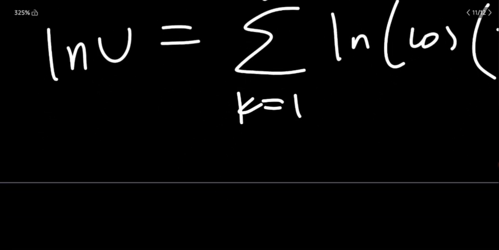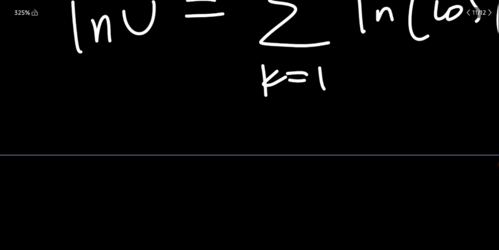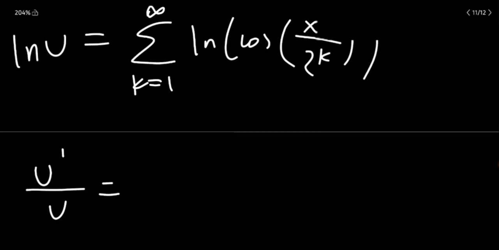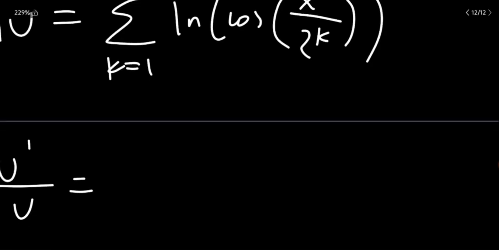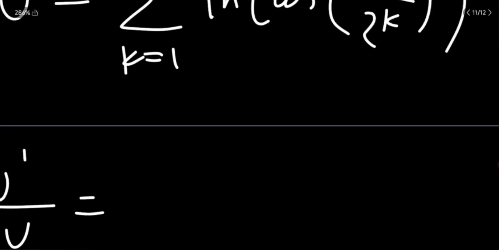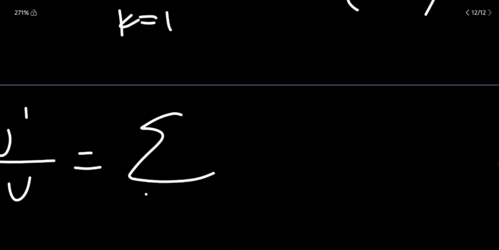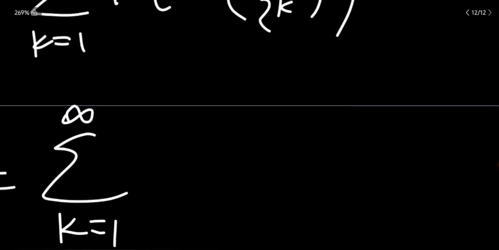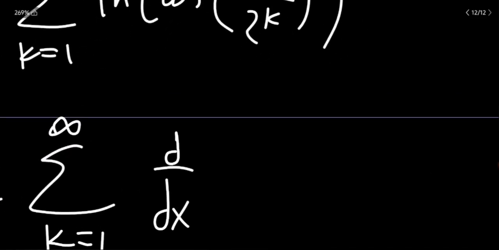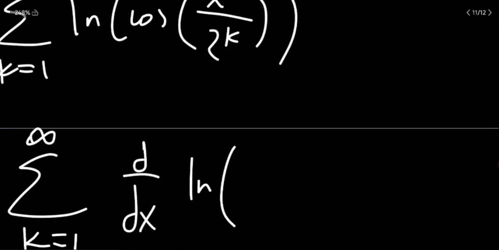On the left hand side, we will have u prime over u, and on the right hand side, since k is independent of x, we will just keep the summation, k equals 1 to infinity, of the derivative with respect to x of ln cosine of x over 2 raised to k.